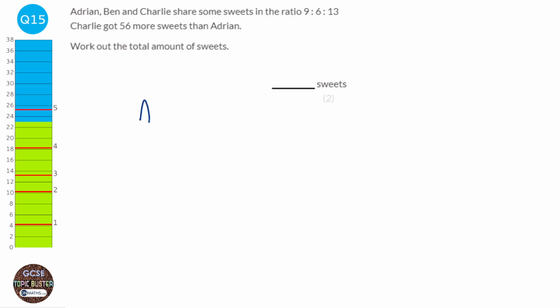So this question says that Adrian, Ben and Charlie have some sweets and the ratio of Adrian to Ben to Charlie is 9 to 6 to 13. But it also says that Charlie got 56 more sweets than Adrian.